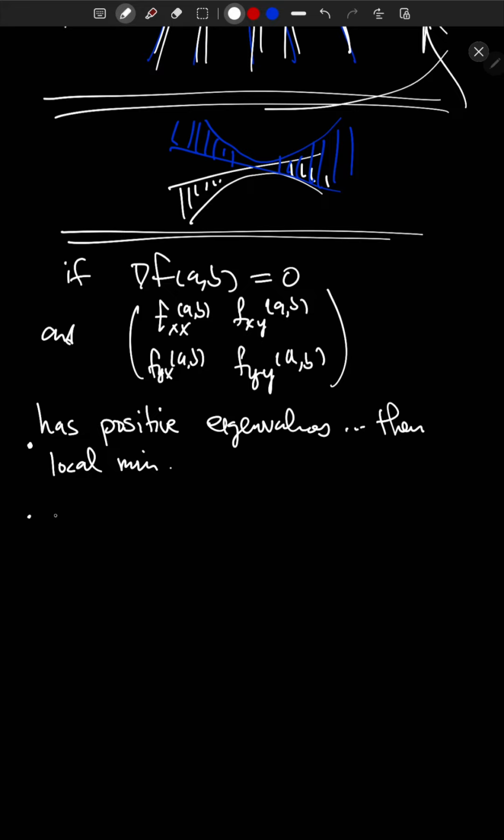There are two eigenvalues, so if they're both positive, then it's a local min.